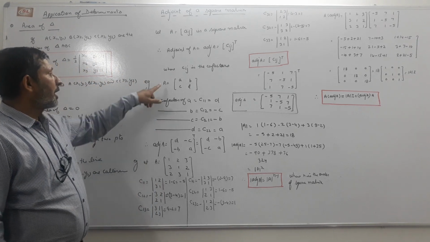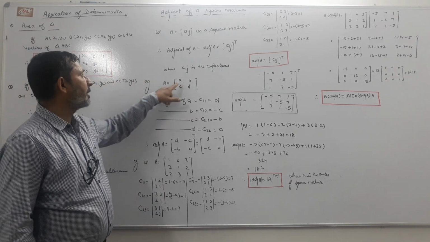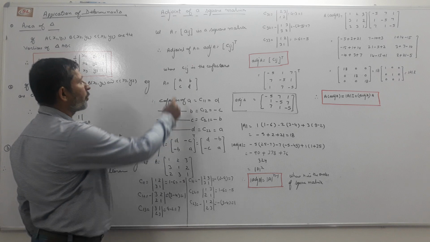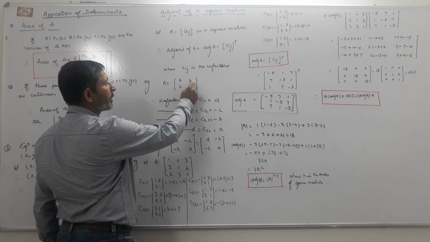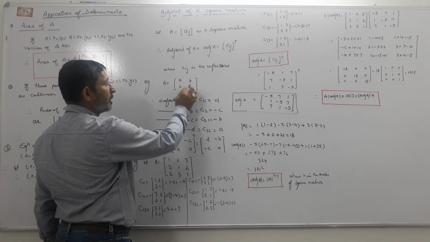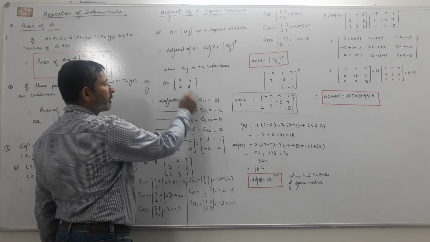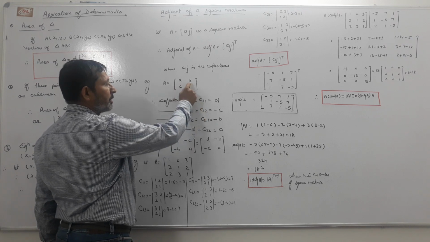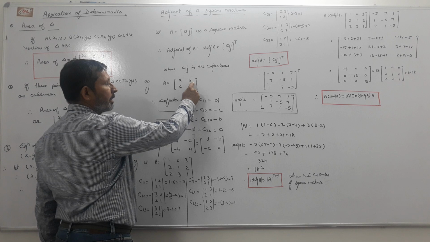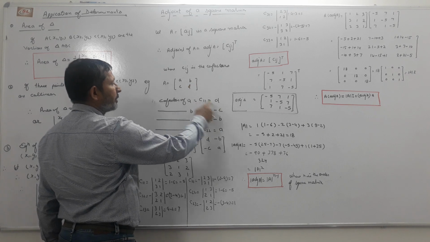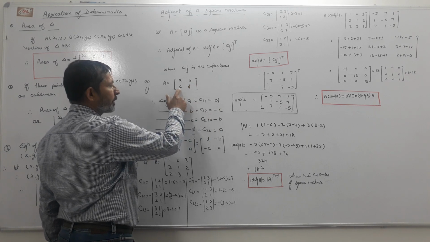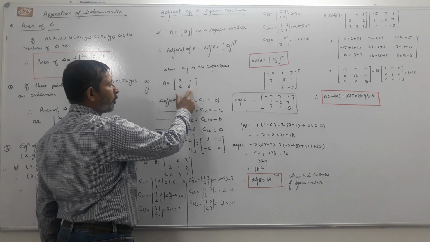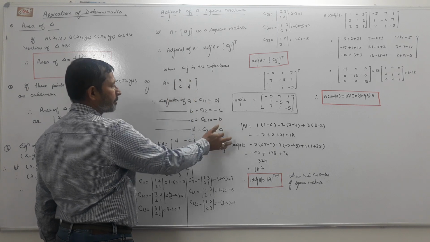For example, if A is a square matrix whose elements are a, b, c and d, then what are the cofactors? Cofactor of a is d. Cofactor of b is minus c, because for C12, 1 plus 2 is 3, odd, so negative. Cofactor of c is minus b and cofactor of d is a.